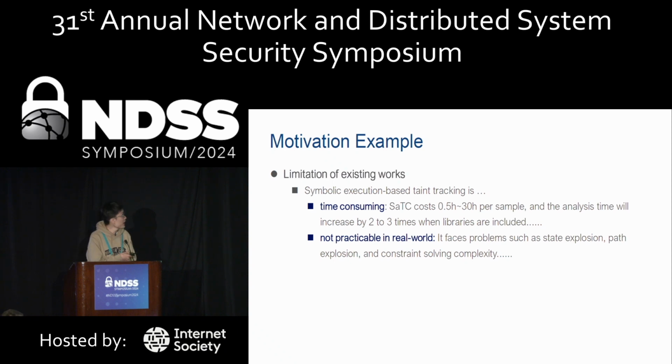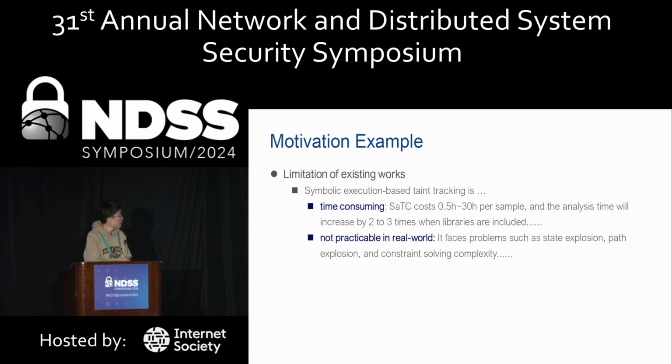For example, SaTC costs about half an hour to 30 hours on each sample. And when the library codes are included in the analysis, the time will increase by 2 or 3 times. Symbolic execution also faces problems such as state explosion, path explosion, and constraint solving complexity, making it not quite practicable in the real world.